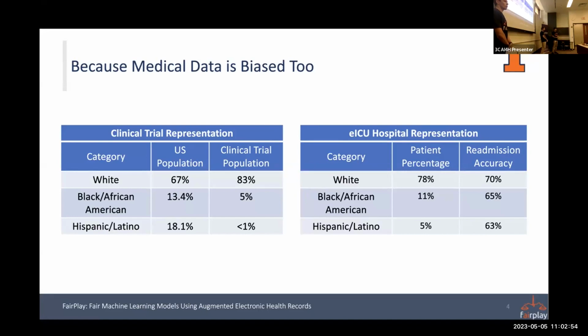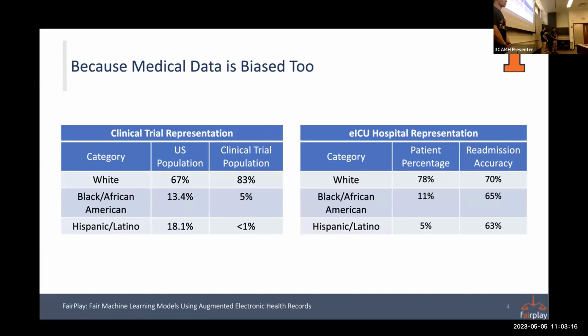And then when we look at the population percentage in clinical trials, these are the trials that guide best practices in medicine. It's even more disproportionate. So you can imagine that people in the Hispanic or Latino population, if they're only getting less than 1% representation in clinical studies, the results from that algorithm that are run may not be the most accurate for them.